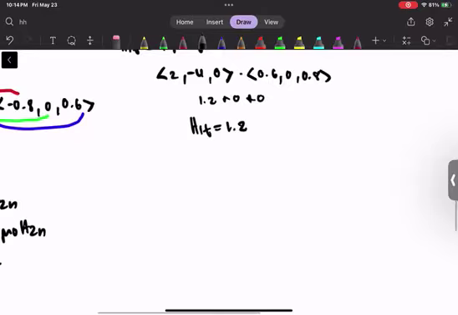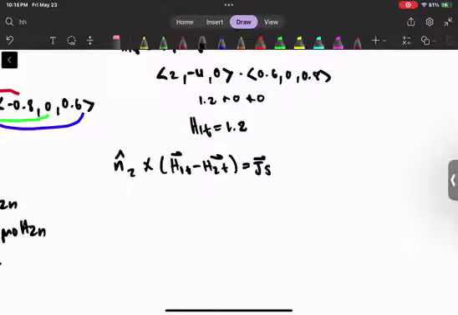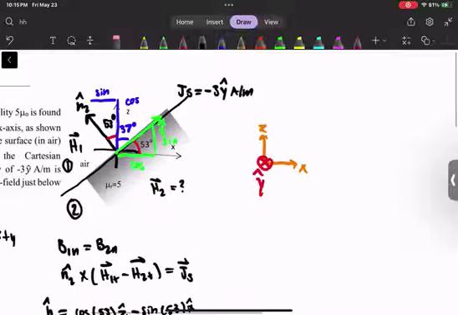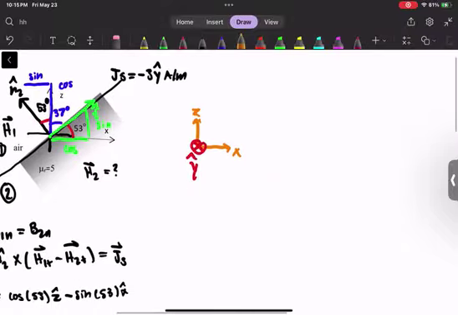Using the equation again, it was n hat 2 cross (H1t minus H2t) equals our surface current. So let's solve for the one in the y direction.